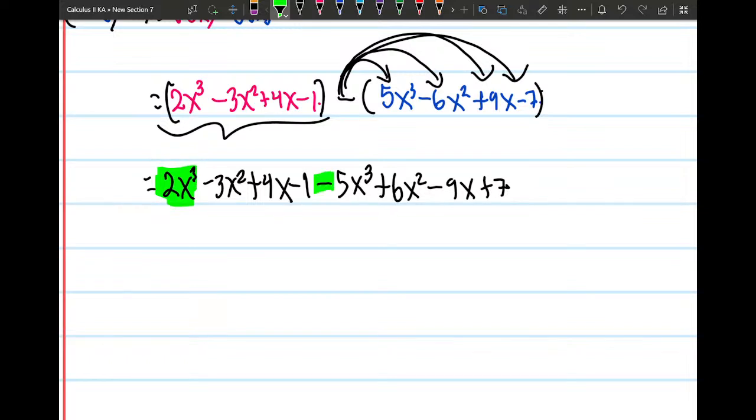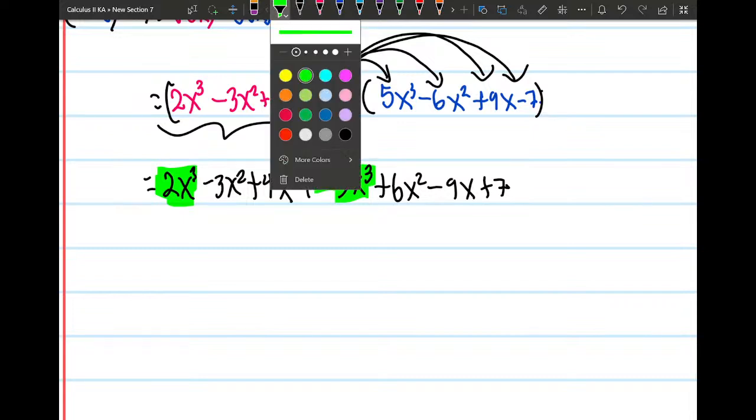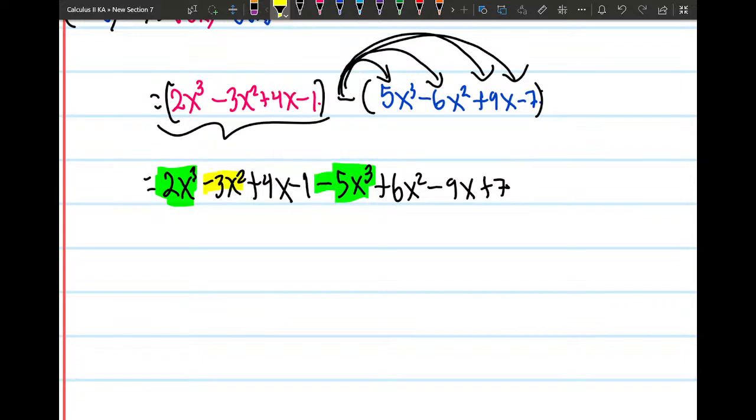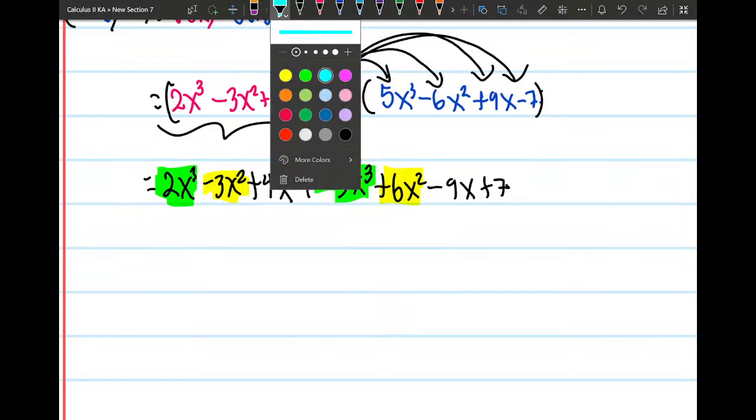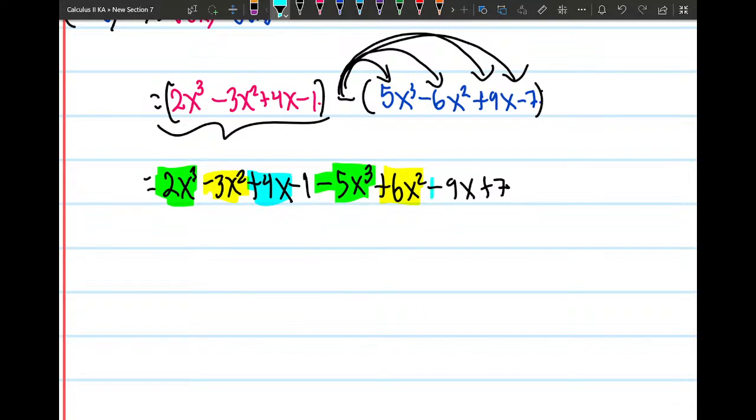So we're just going to do 2x cubed minus 5x cubed, and we're also going to do 6x squared minus 5x, minus 3x squared. So we're just combining our like terms, right? That's what you do after you distribute all this stuff here.